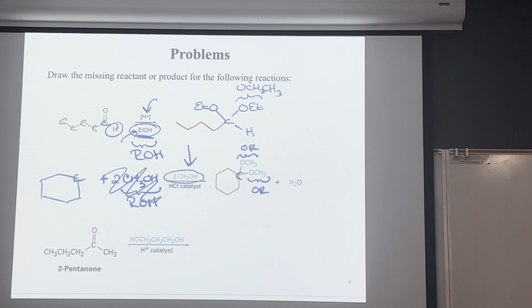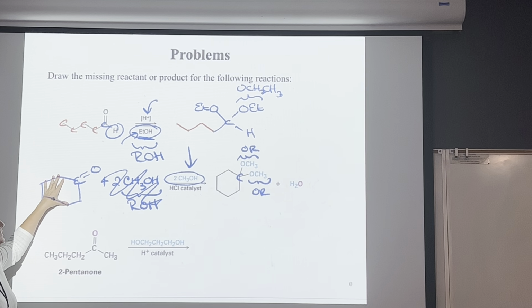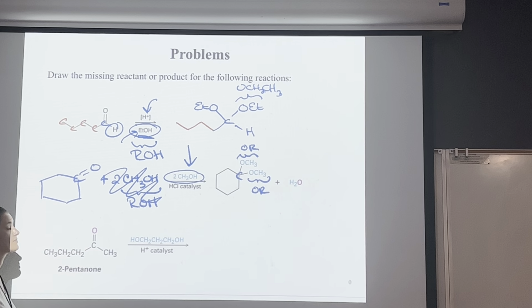And that blue C is going to be connected to what? Which atom? Yes, oxygen. Single, double, triple? Double. Yes, double bond. So we have cyclohexanone, and it's going to react with 2 methanols.